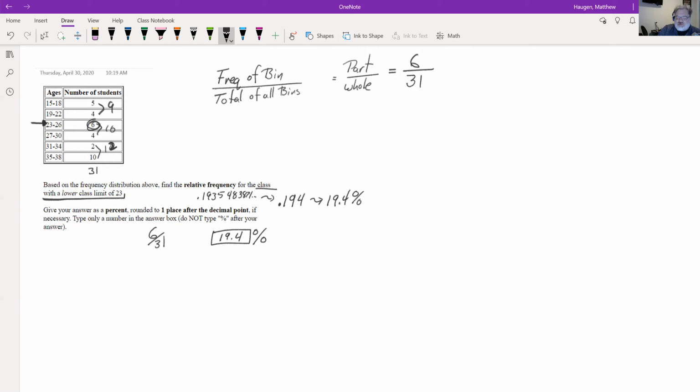So in each case, the individual is a single person. In this case, the people are incoming freshmen. So a single incoming freshman.